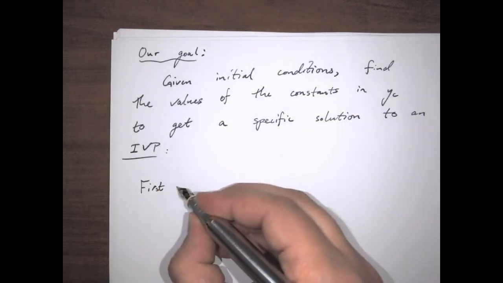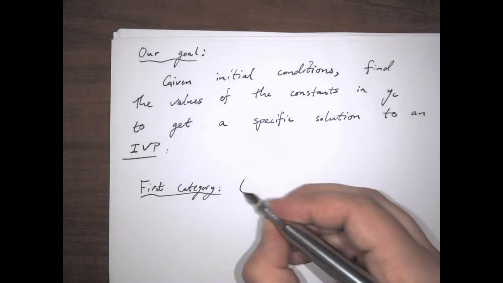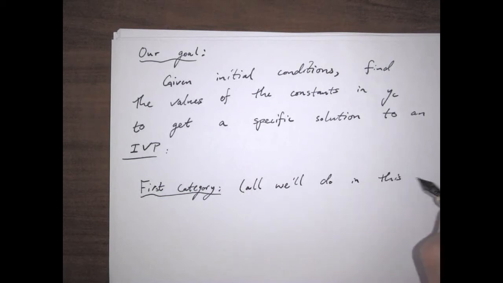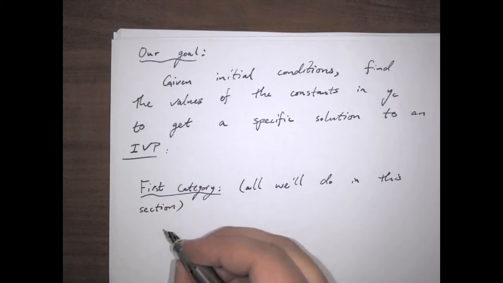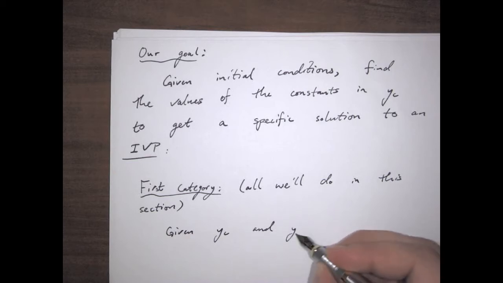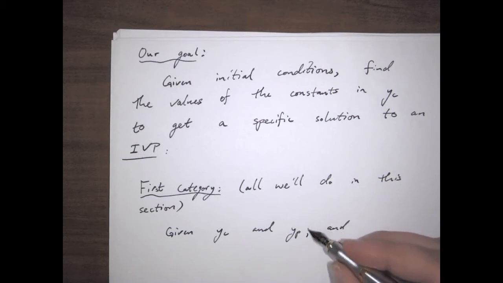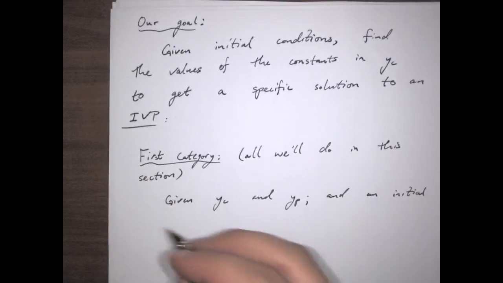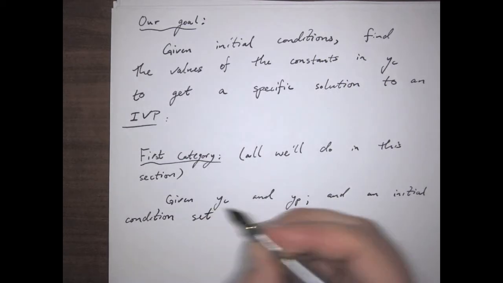So the first category, which is all we're going to do in this section, will be given yc and yp, and an initial condition set, really.